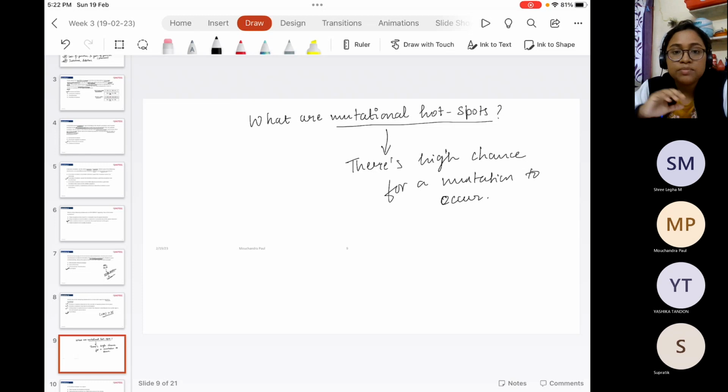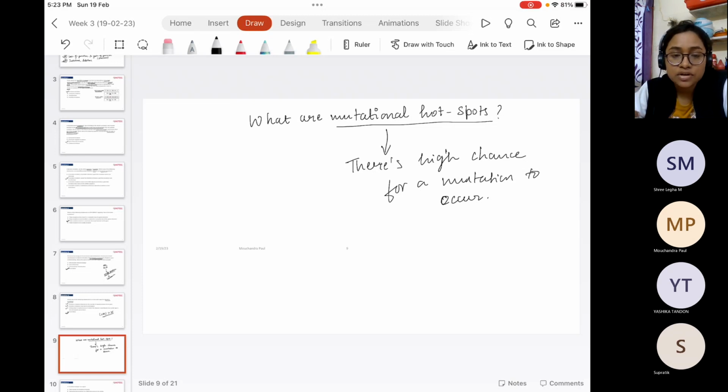Some kinds of mutations repeatedly occur in those particular sequences of the DNA, because the environment surrounding that DNA segment is such that it is facilitating this recurrence again and again.